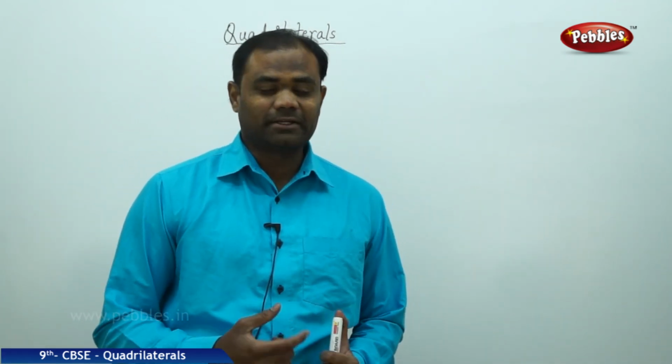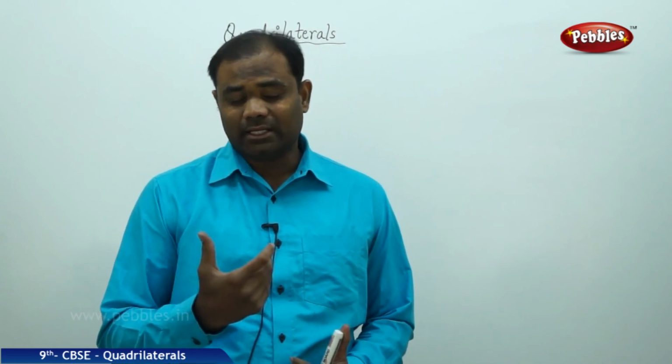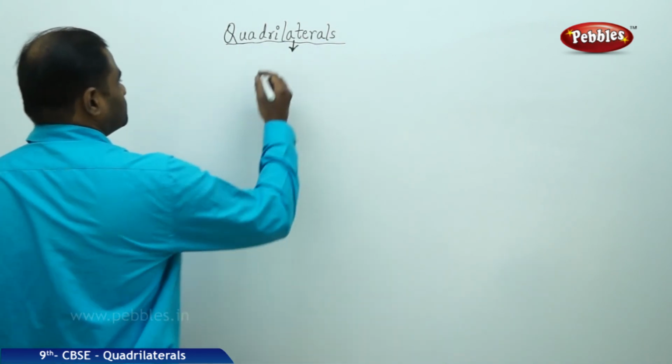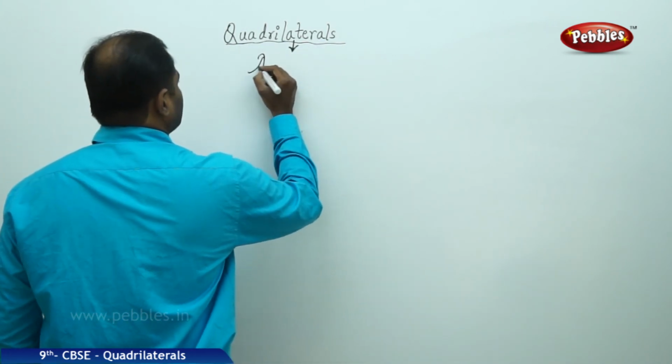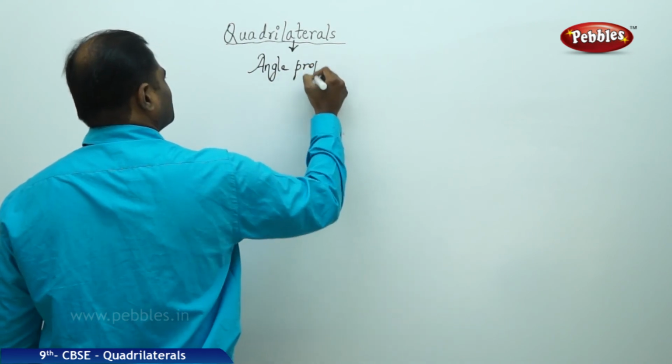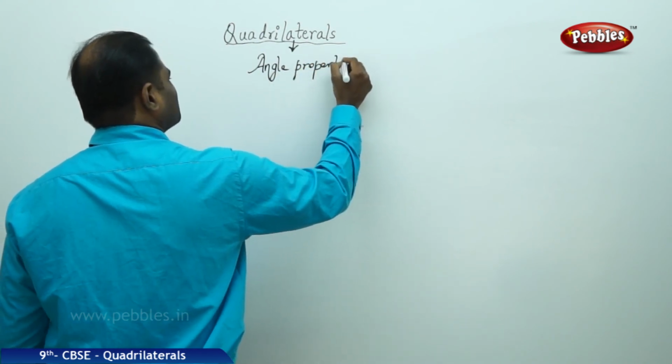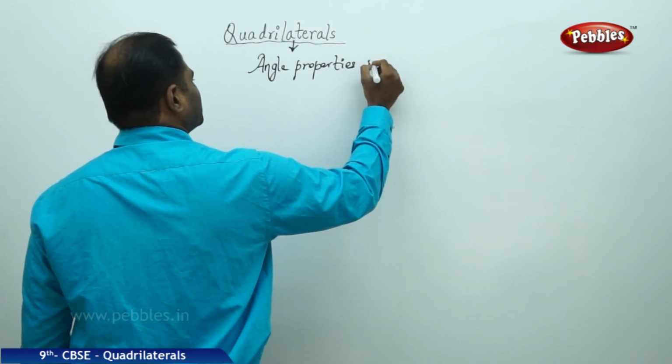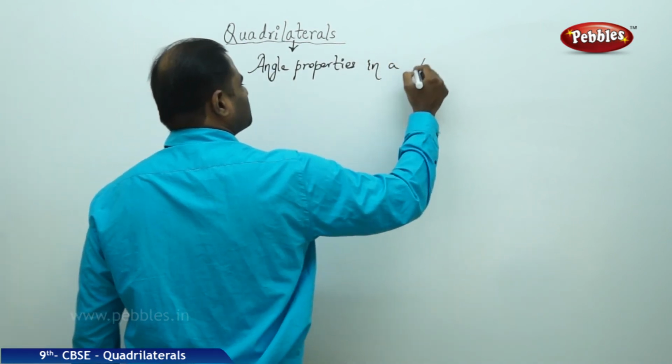Now that we have connected parallelity and equality of opposite sides in a quadrilateral reducing to a parallelogram, let's connect with angles. What are the properties related to angles in a parallelogram? Angle properties in a parallelogram.